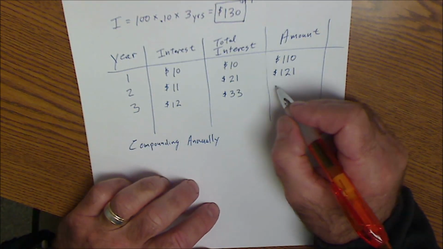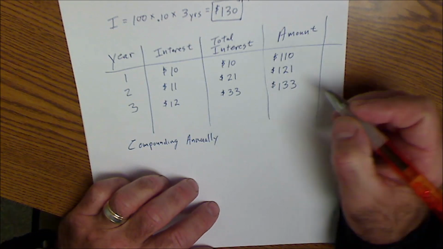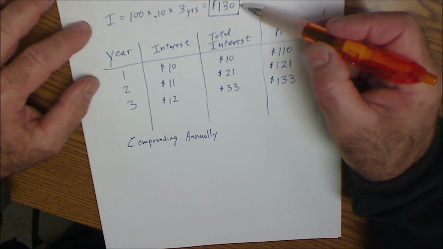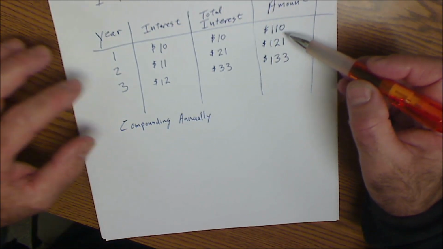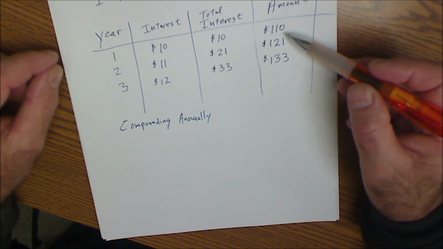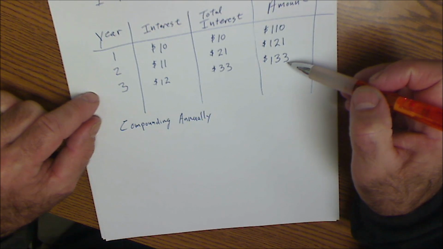And then the total amount I have after 3 years is $133. So simple interest at the end of 3 years would be $130. Compounding annually, meaning I would collect my interest at the end of the first year and then earn interest on that interest, at the end of 3 years at the same interest rate, I would have $133.